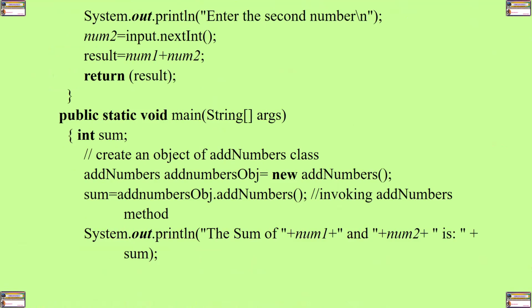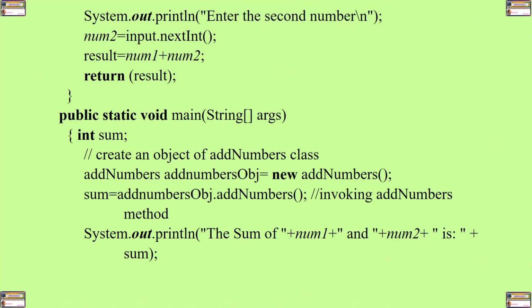And therefore, when we display the statement, the sum of the value for num1 and the value in num2 is, the compiler will simply read the value which has been returned and stored in the memory location called sum and display it on the screen.